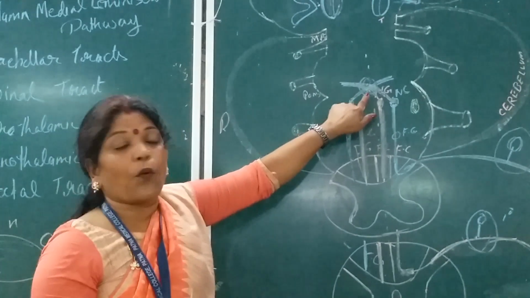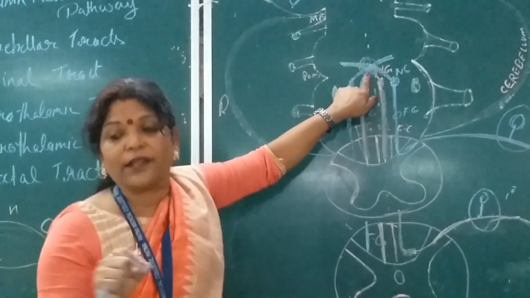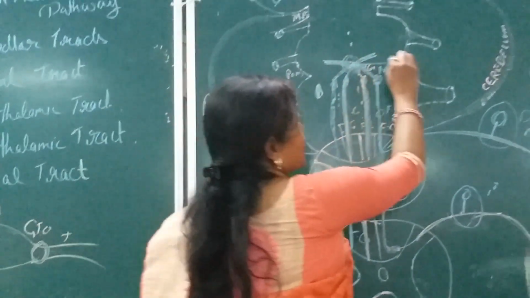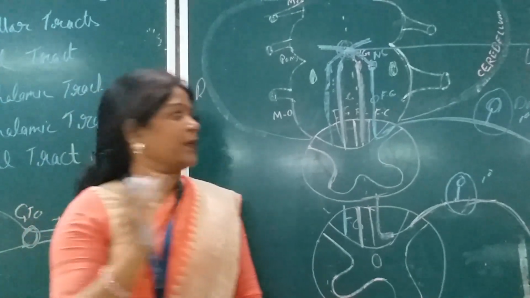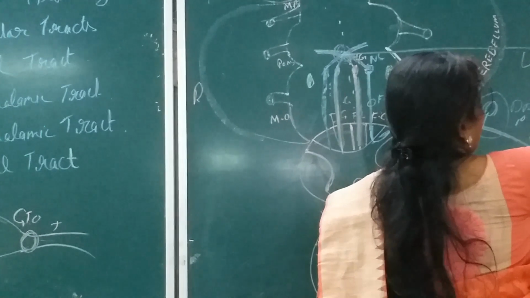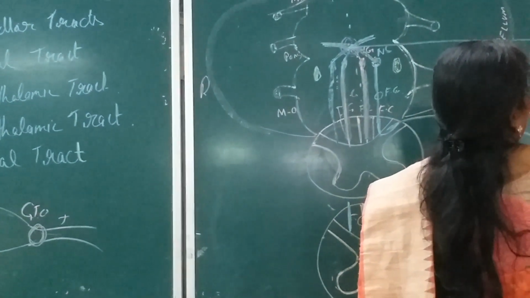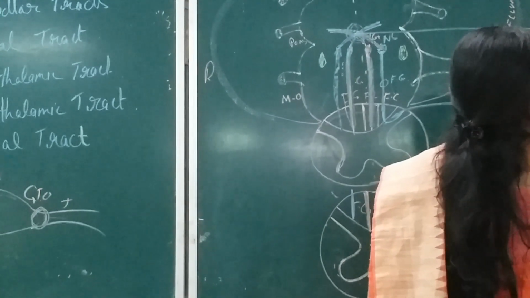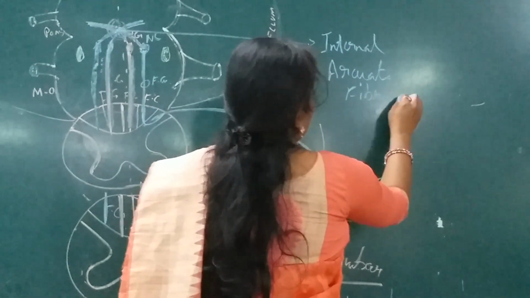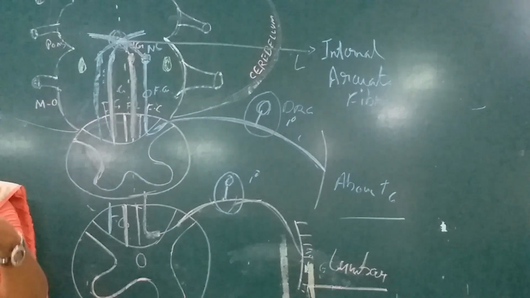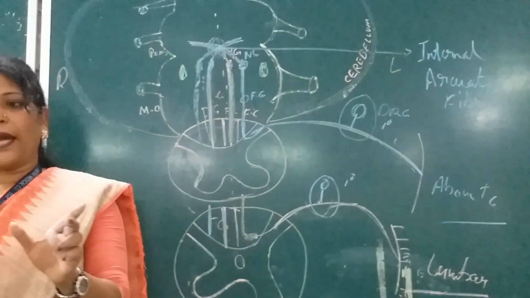And what is this known as? A very important point: this crossing of the fibers is known as the internal arcuate fibers. This crossing is present in the dorsal aspect of the medulla oblongata, that is behind the pyramid.